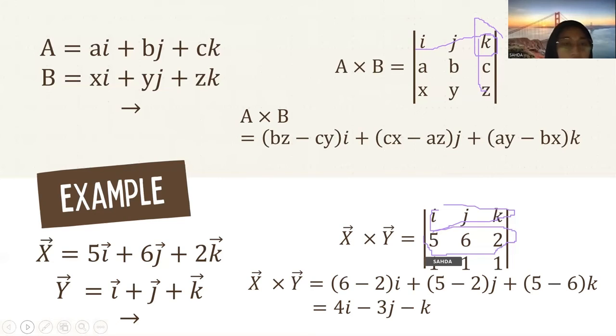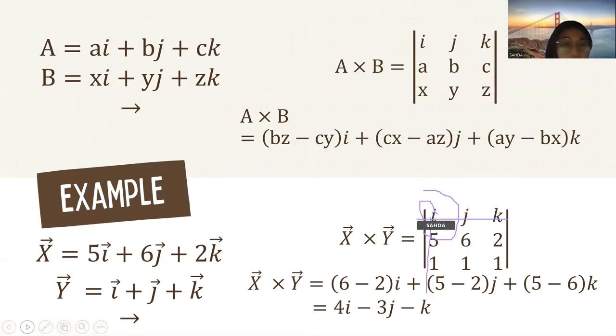And the components of vector Y in the third row are 1, 1, and 1. So what you have to do is, in the first row, focus on the i hat over here. You cross out the row and column.